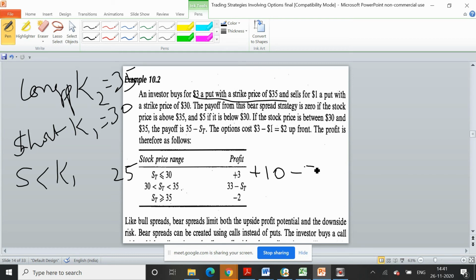Then you also sold the put for $1, so you receive $1 and you pay $3. So this will become your net payoff in this case.